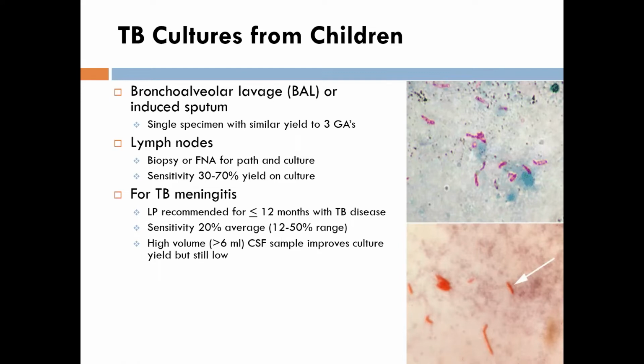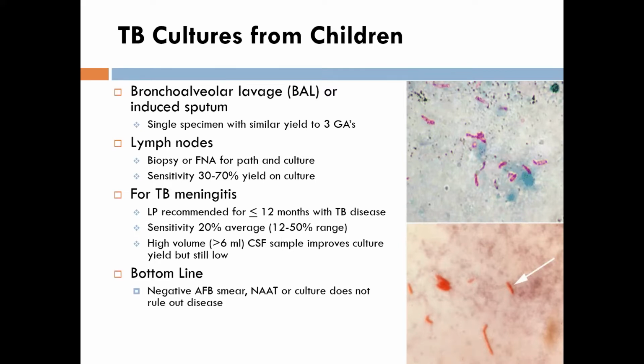So once the routine studies come back, and you're thinking about TB, what I do is call the lab and say, any spinal fluid you have left over, please add that to the TB culture. Or if the child's having a repeat lumbar puncture for some reason or has an extraventricular drain, we can collect additional CSF for sampling. This will improve your sensitivity.